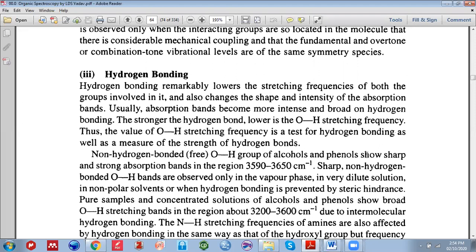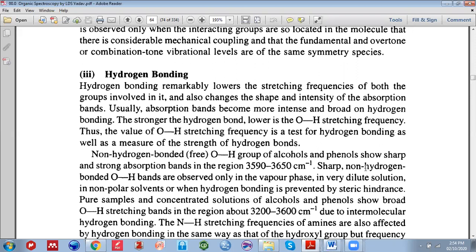If non-hydrogen bonded, it shows a sharp or strong absorption band between 3590 and 3650 cm inverse, around 3600 or more than 3600 cm inverse. That is due to non-hydrogen bonded free alcohols and phenols.